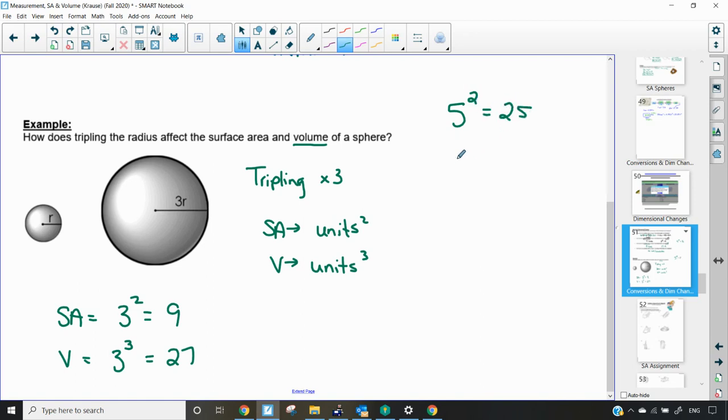If I'm tripling, 3 squared is 9. If I was doubling all of my sides, 2 squared is 4. So our surface area will always be affected by the number that we're multiplying all of our sides by, squared because it's units squared.